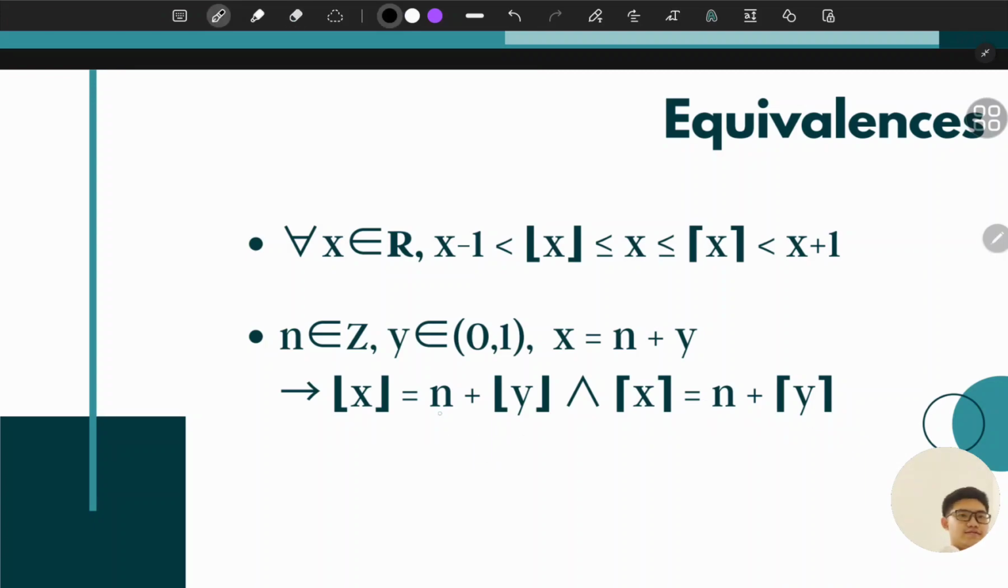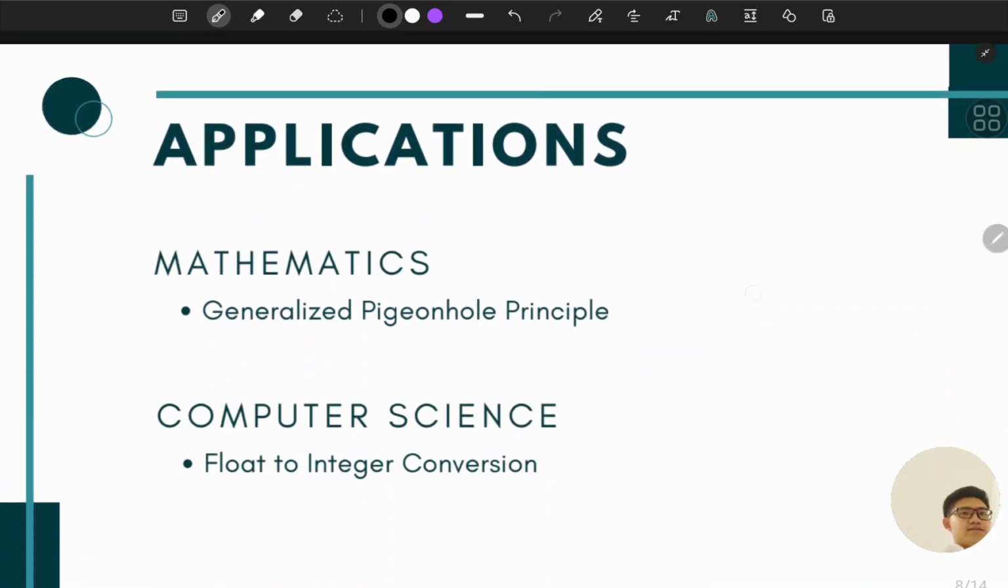Basically, this is saying that the floor and ceiling functions don't affect the integers. They only affect the fractional parts. Yeah.